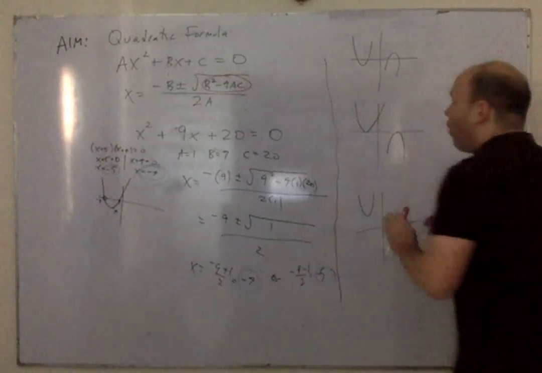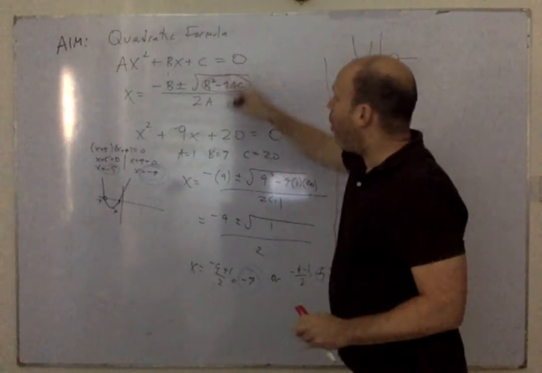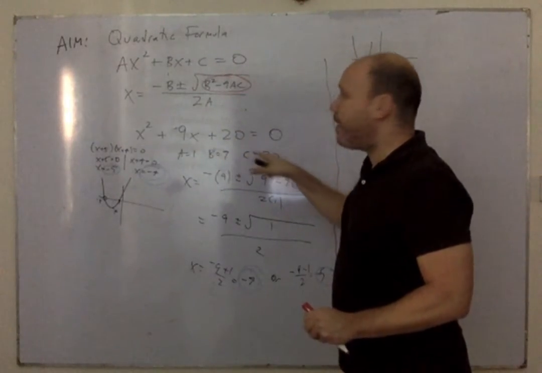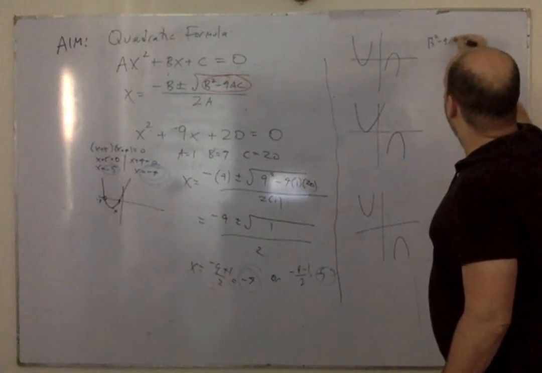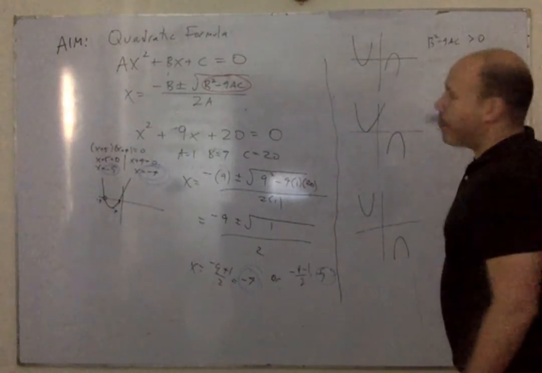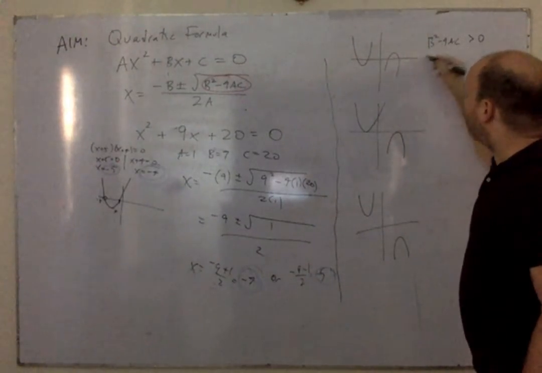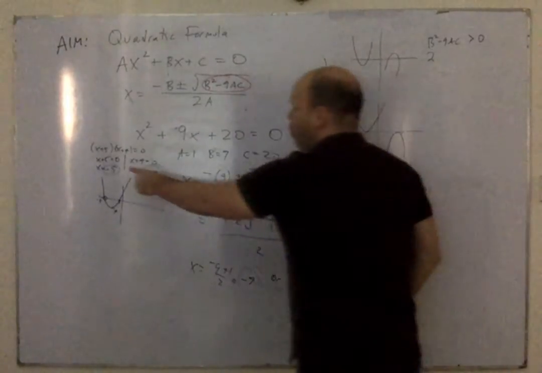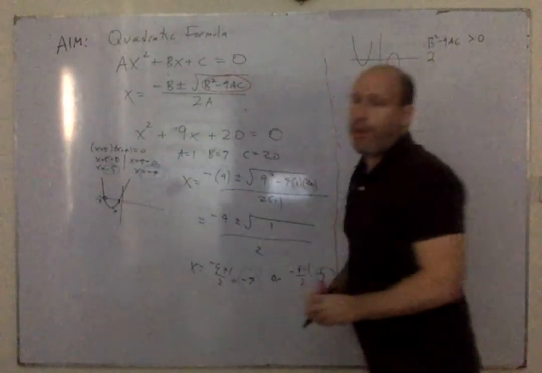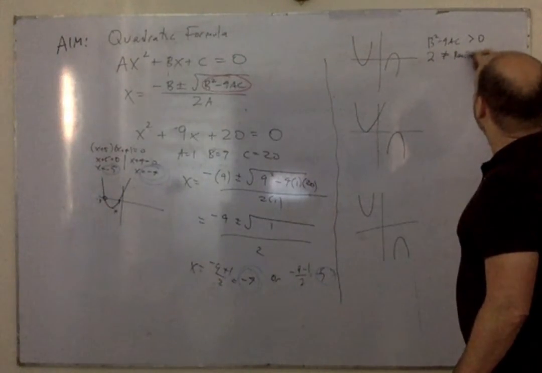So once again, you write your quadratic equal to 0, you identify the a, b, and c, and if b squared minus 4ac is greater than 0, then the parabola touches the x-axis in 2 places, which means we have 2 real but different answers, 2 non-equal real roots.